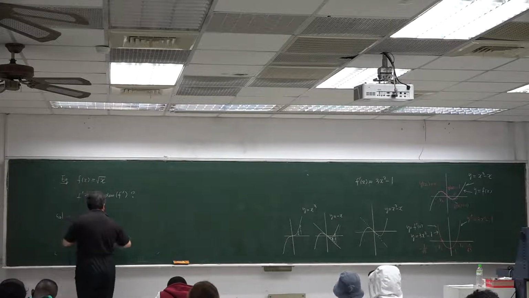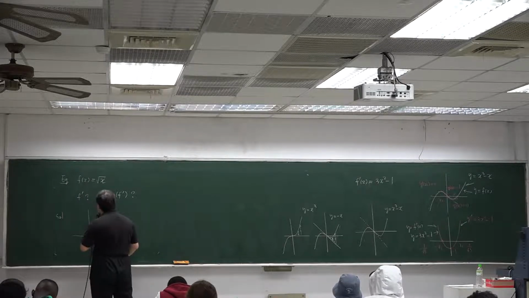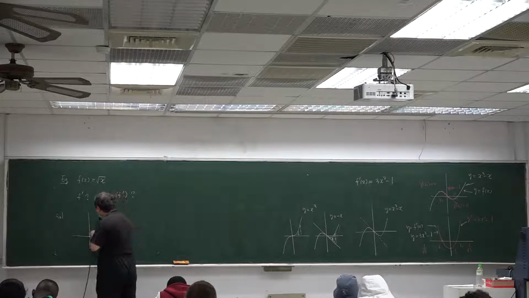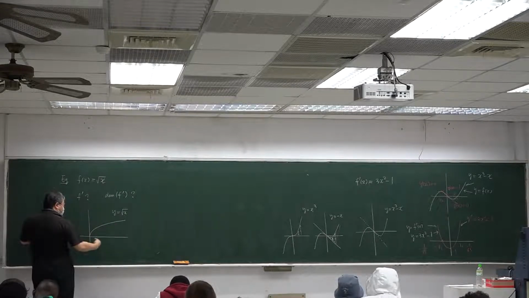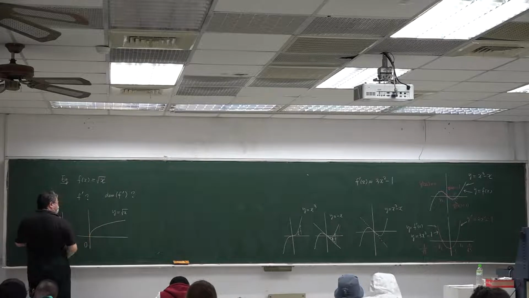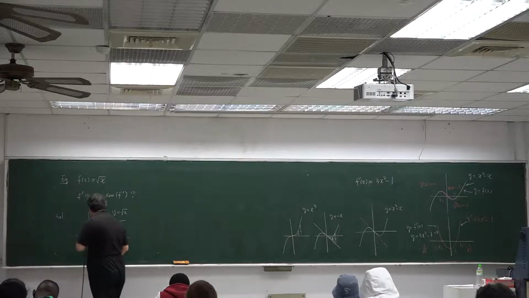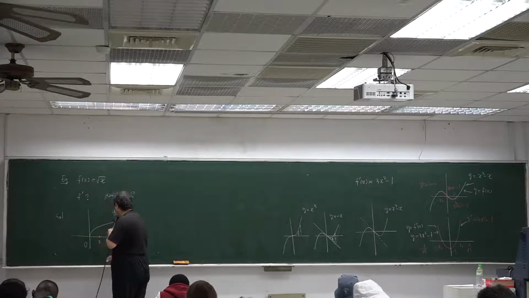Since this function is defined only for non-negative numbers, at the origin we cannot find the two-sided limit of the difference quotient, then we consider a positive number x.